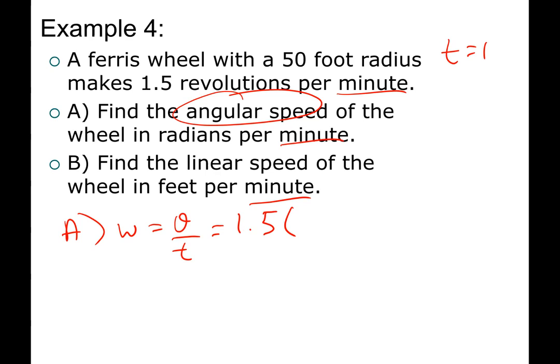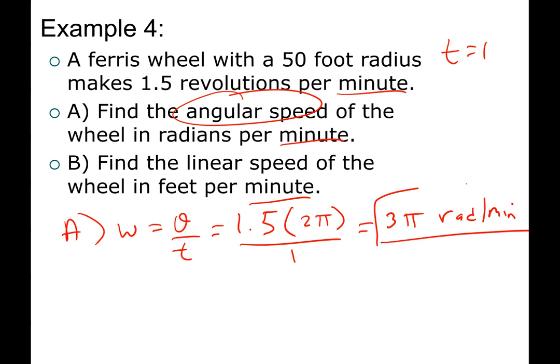How far around does a circle go in 1 revolution? Well, that's always 2 pi. So the total angle that is covered is 1.5 times 2 pi. And again, time would just be 1, which you could put or not put. It's up to you. So 1.5 times 2 pi would give you 3 pi radians per minute.